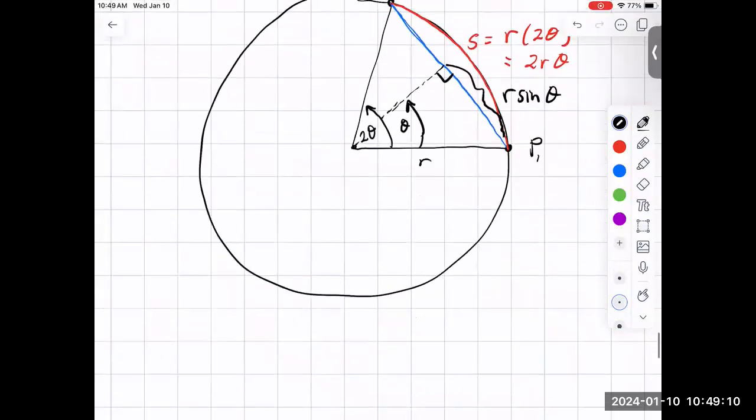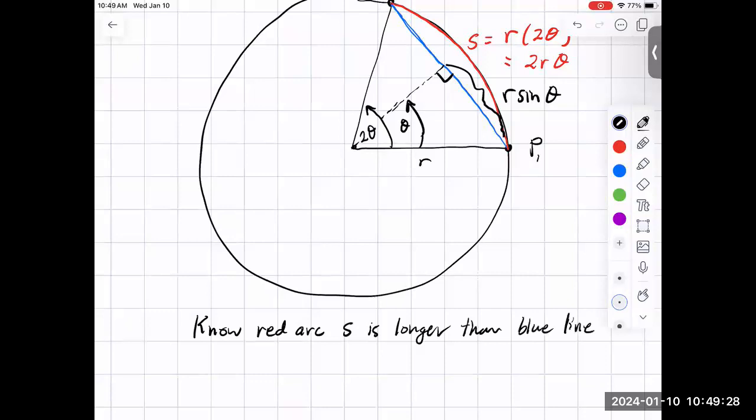All right, so we know that the red arc, S, is longer than the blue line.